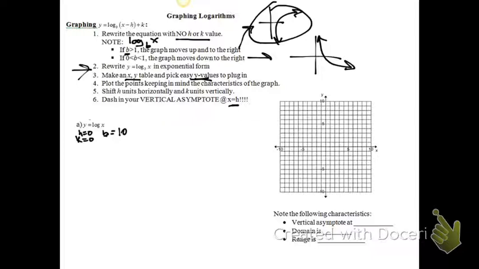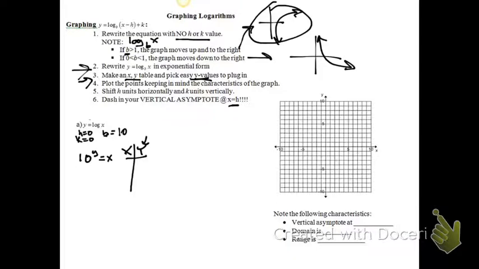So what I'm going to do now is rewrite the log in exponential form. I know the base is 10, and if I raise it to the exponent y, I'll get x. Okay, so there's the exponential form. Now I'm on step 3. I'm going to make an xy table, and I'm going to pick y values to plug in.